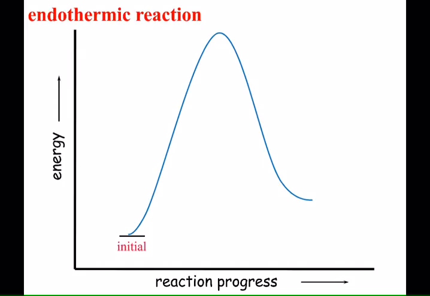So we can mark the delta H, which will be positive. There's my delta H. And here is my activation energy barrier. So it goes again from the initial up to the hump.